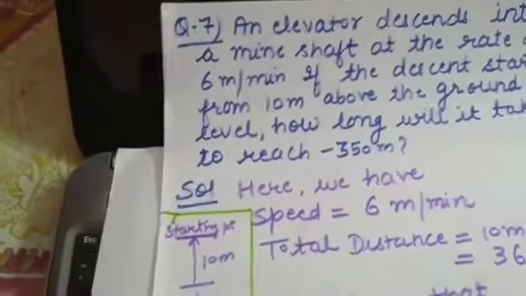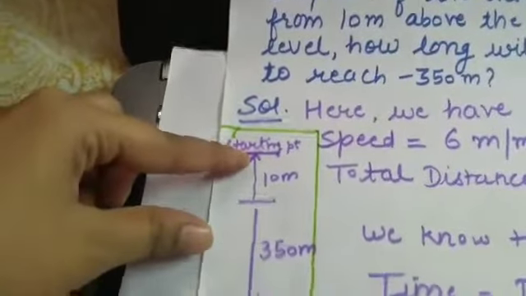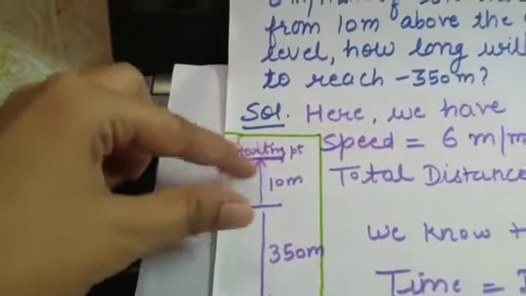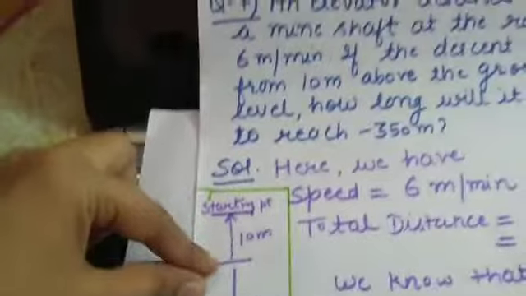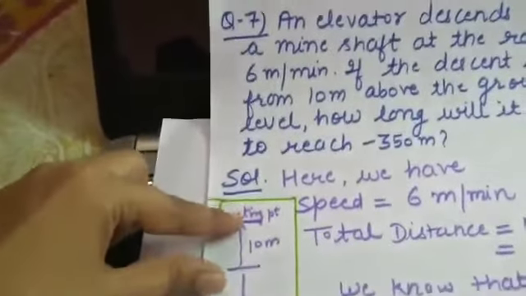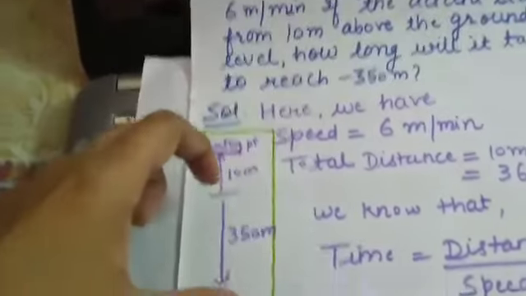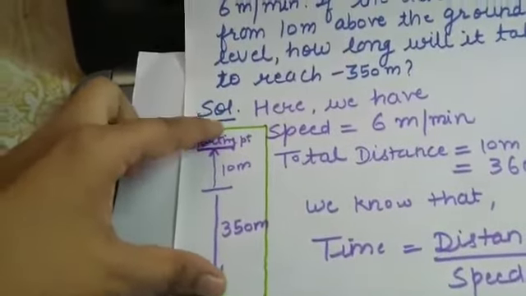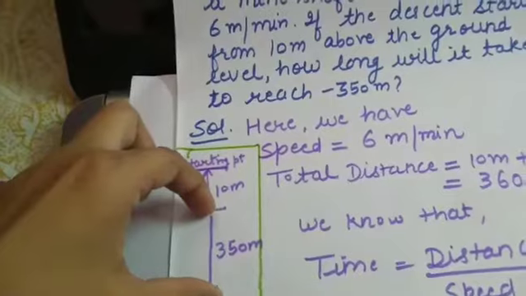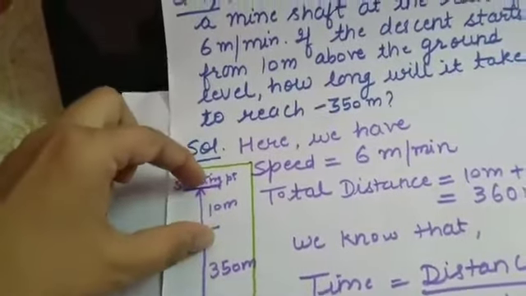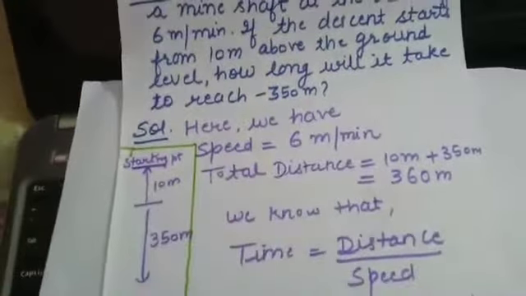So the initial starting point is 10 meter above the ground, and it is covering 350 meter below the ground. So the total distance will be 10 plus 350, that is 360 meter.